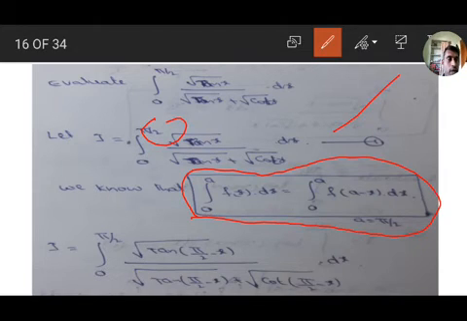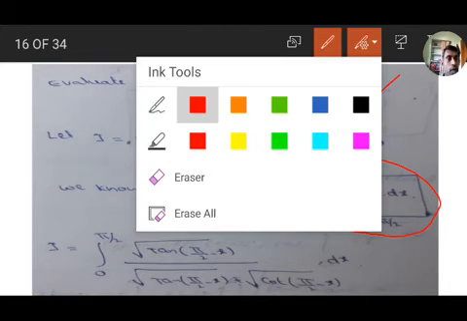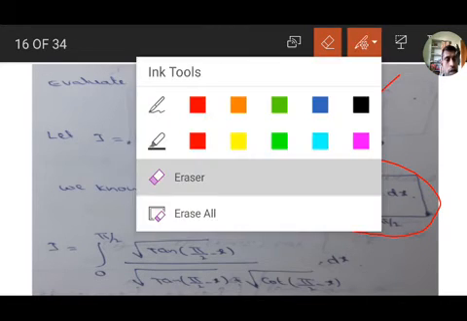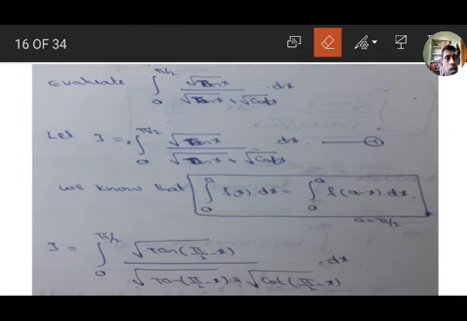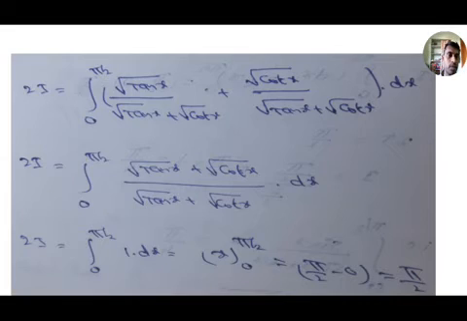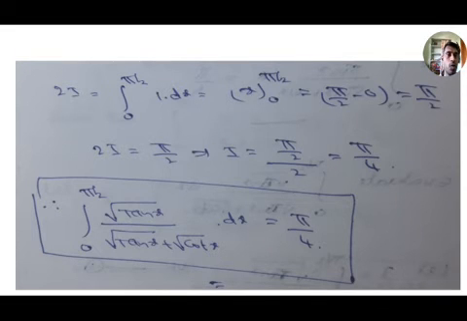The first equation is given, and after adding both we get 1, and the integration of 1 is x, upper limit minus lower limit, so we get the answer.